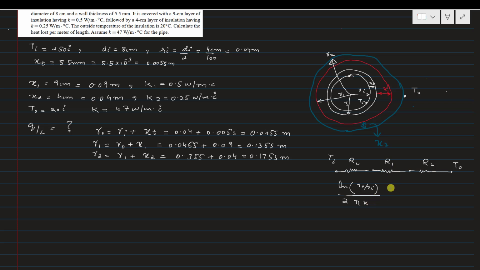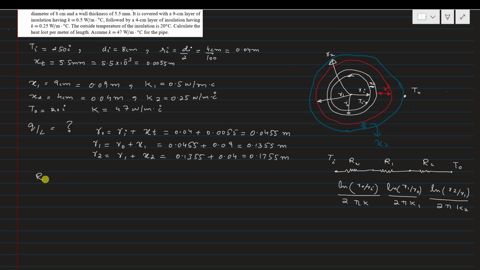Then R1, the resistance will be equal to ln of R1 divided by R0, divided by 2 pi K1. Here this is the second resistance offered by the second layer of insulation: ln of R2 divided by R1, divided by 2 pi K2. K2 means thermal conductivity of this second layer of insulation.